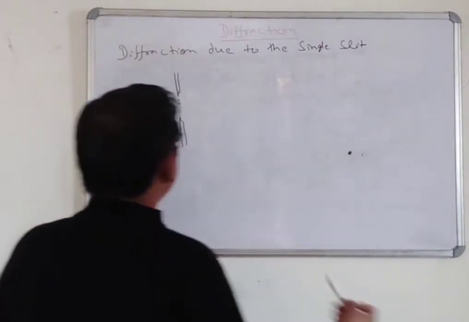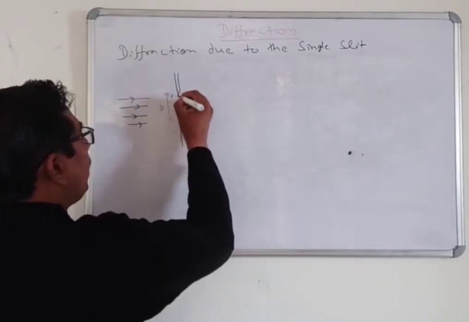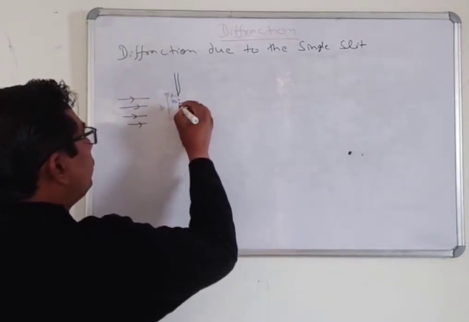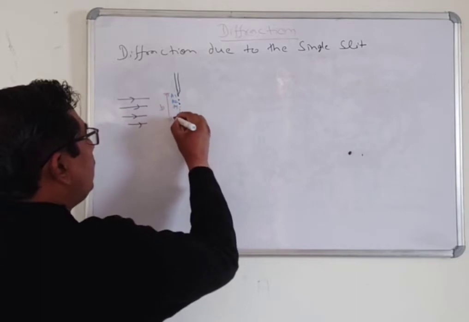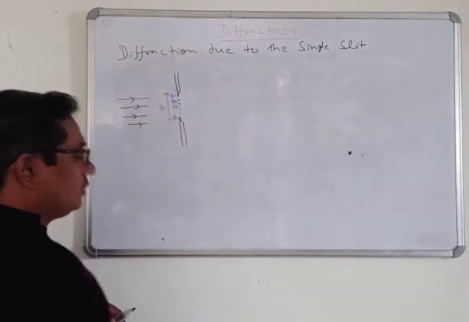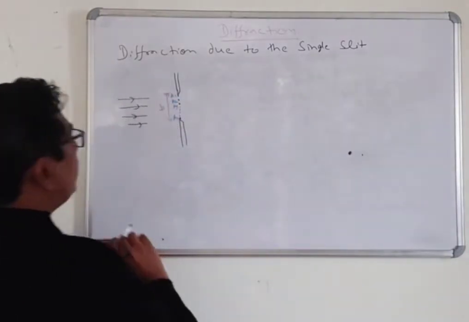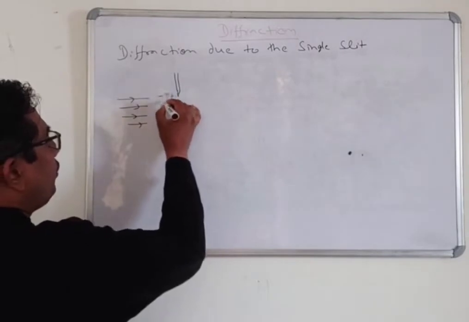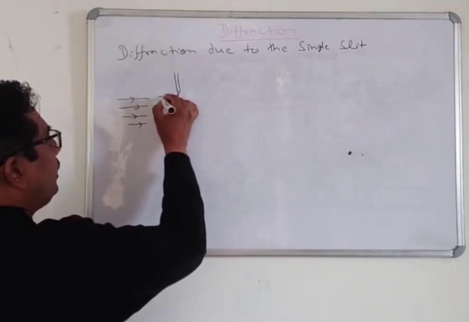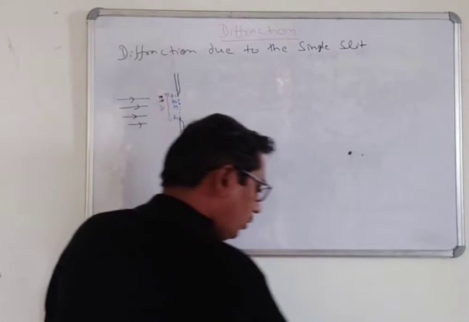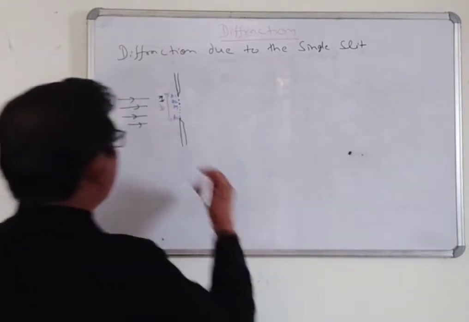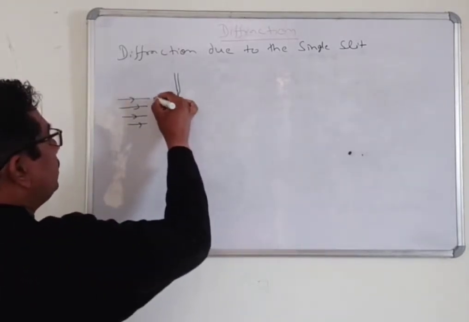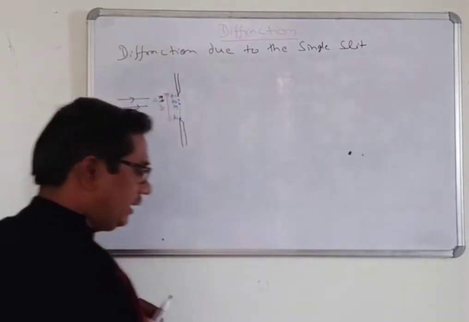Now this one is A1, A2, A3 up to AN, and the separation between A1 and A2, let it be equal to delta.